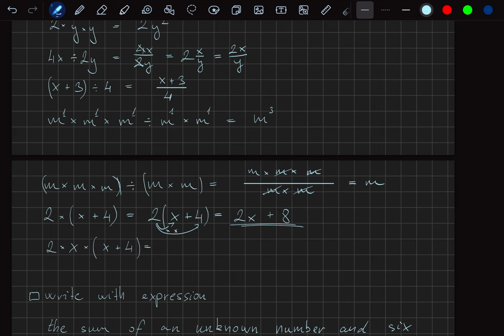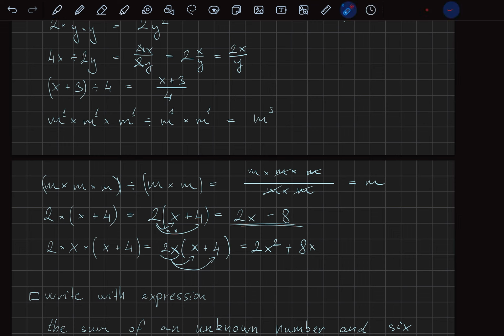2 times x plus 4. So it's 2x times x plus 4. So I will multiply into the bracket by this number and letter. 2 times x, just like this. 2 times x is 2x squared, plus 2 times x times 4, it's 2 times 4, it's 8x.